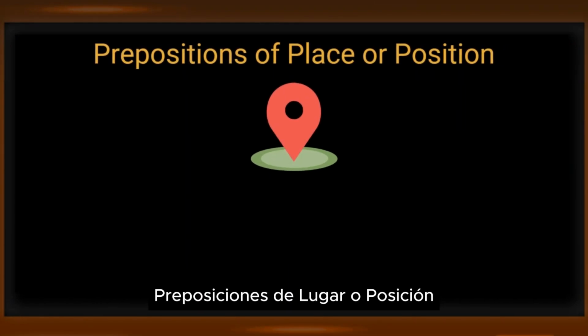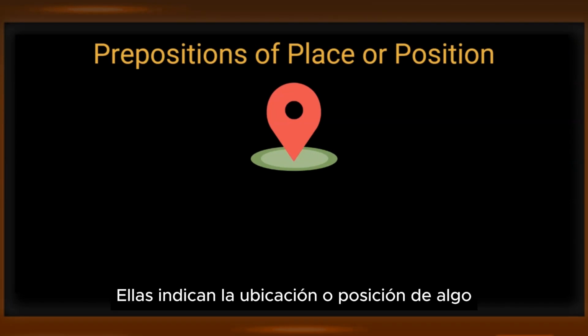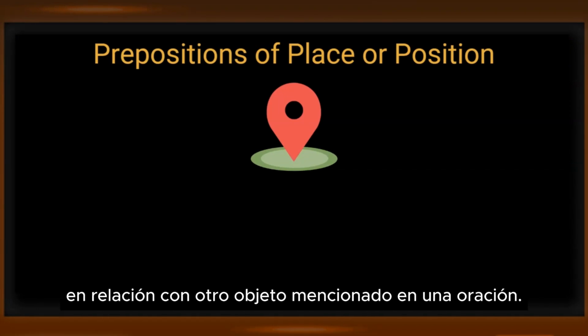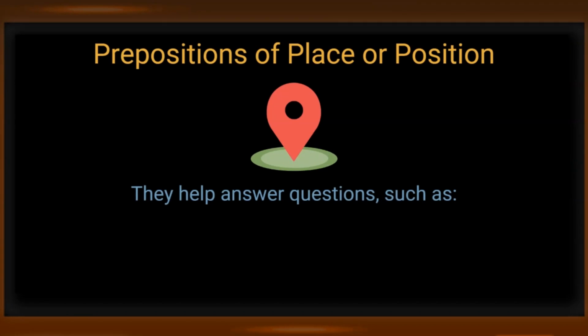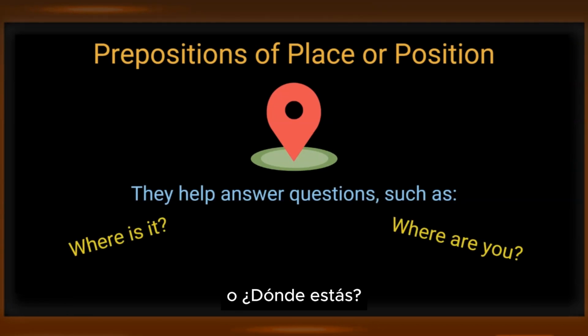Prepositions of place or position. They indicate the location or position of something in relation to another object mentioned in a sentence. They help answer questions such as, where is it, or where are you?